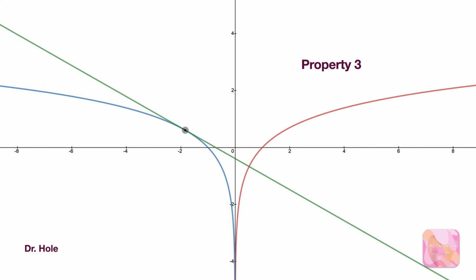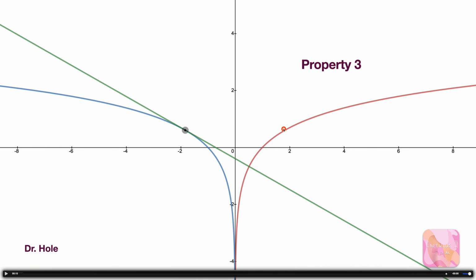Think if you were to reflect the black dot across the y-axis and produce a point somewhere over here, can you imagine the tangent line is going to be a reflection of the green line? Then this green line currently has a negative slope, but if you were to reflect it across, it would have a positive slope. But the amount of rise and run, ignoring the pluses and minuses, would be the same.